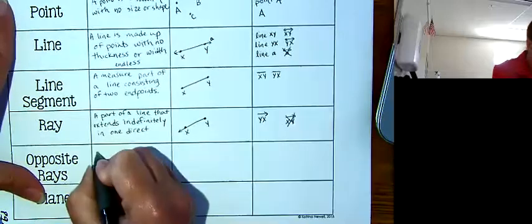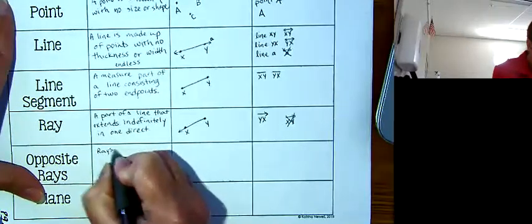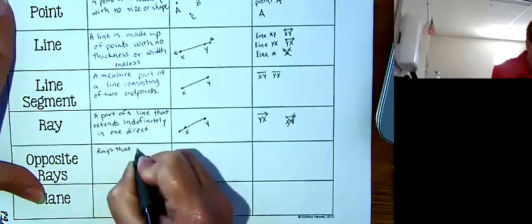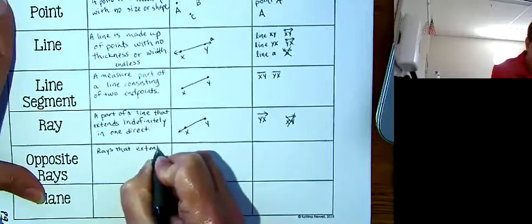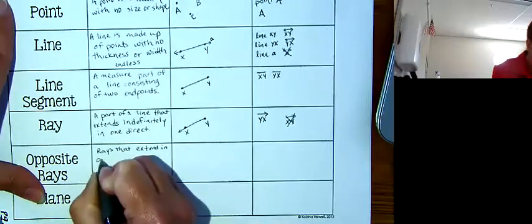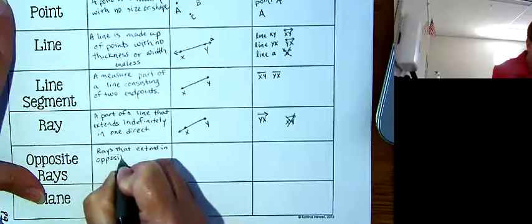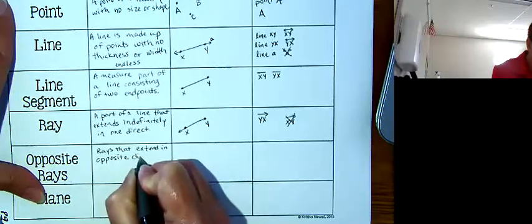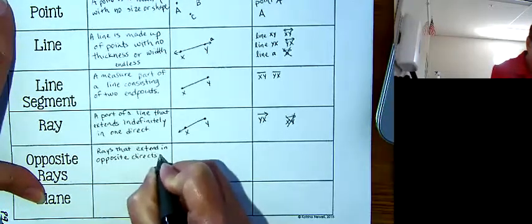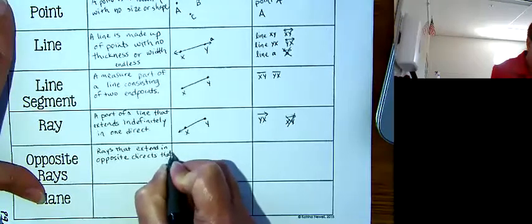Opposite rays are rays that extend in opposite directions that form a straight line.